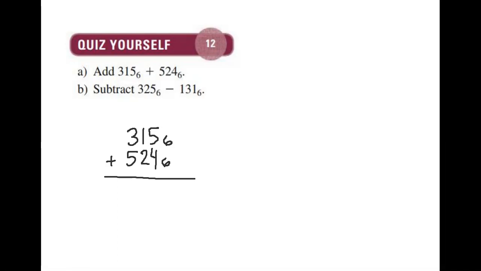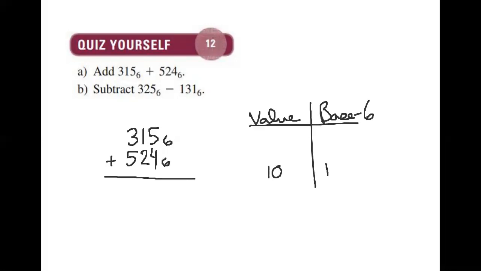Here we have 5 plus 4, which is 10 in base 10, but a 10 in base 6, if you recall, is 1 six and 4 units. So we'll bring down the 4.